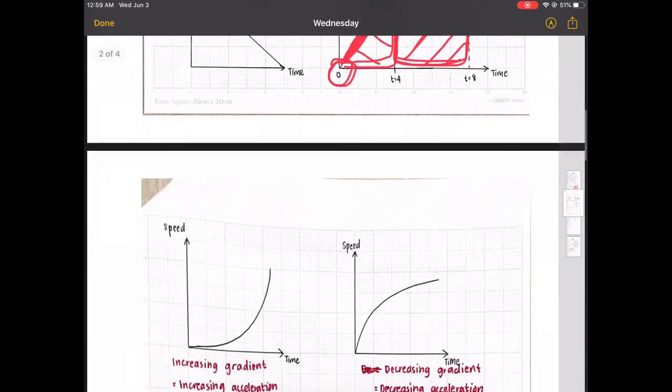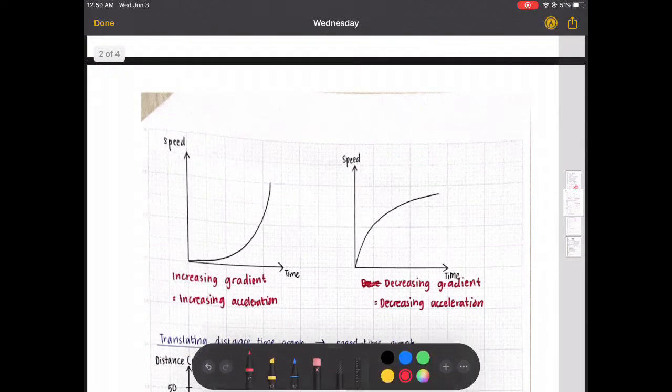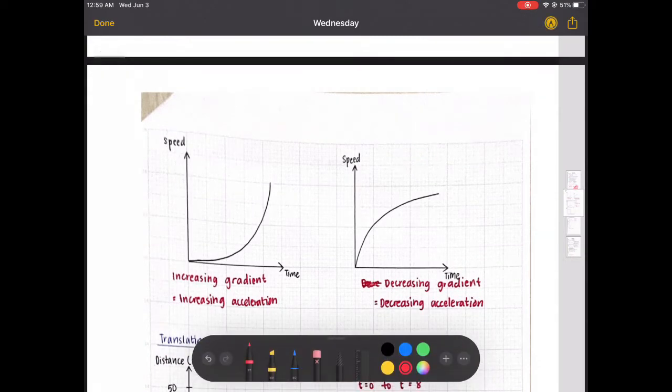Okay, next is when you have a curve in a speed time graph. So like I said, the gradient refers to the acceleration. Here you can see an increasing gradient, which means an increasing acceleration. So you are speeding up more and more every time. And then a decreasing gradient means a decreasing acceleration.